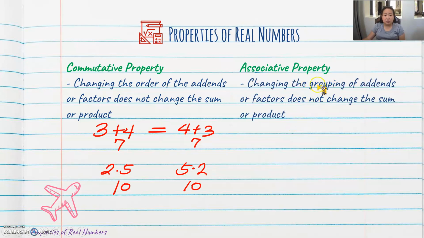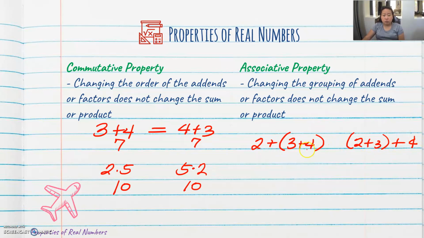In the associative property, the change of grouping of the addends or factors does not change the sum or the product. So if I have, for example, 2 plus, I am grouping 3 and 4 together, okay? This is just the same as grouping 2 and 3 together and then adding 4.